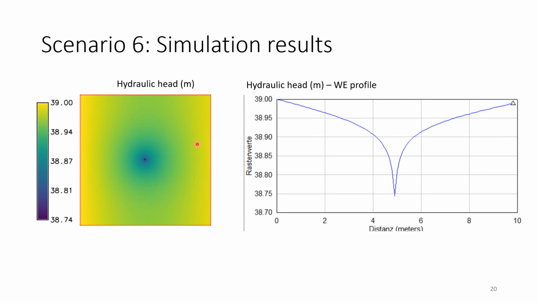This is why both borders are yellow, and we have our pumping station here in the middle, which goes down to 38.74 meters. Okay, fair enough. And we get here our nice pumping cone, so that all matches. Well, can you spot what has been done wrong in this simulation?